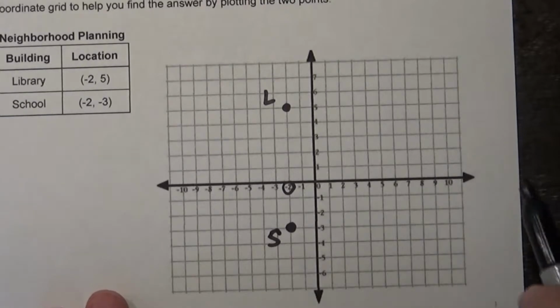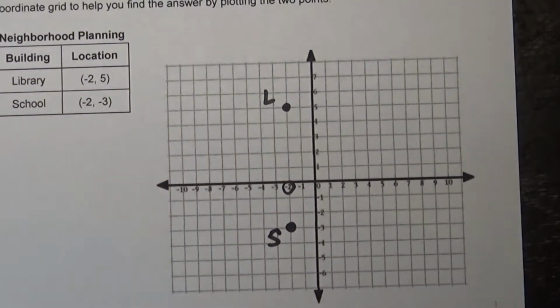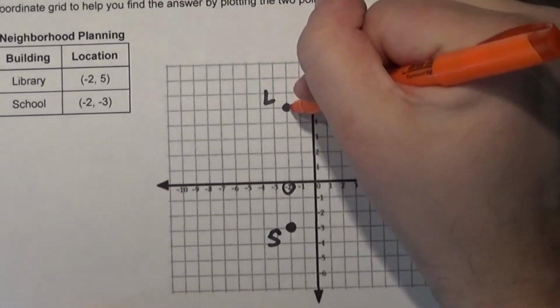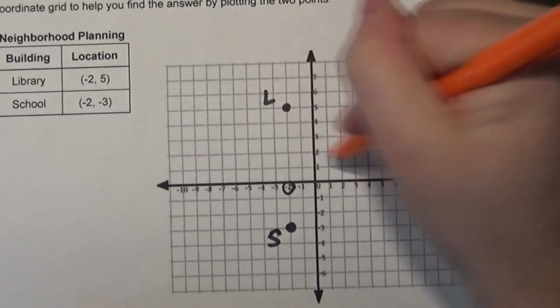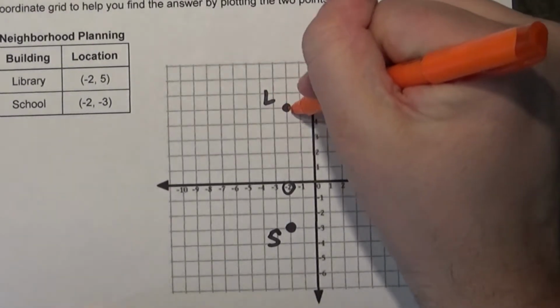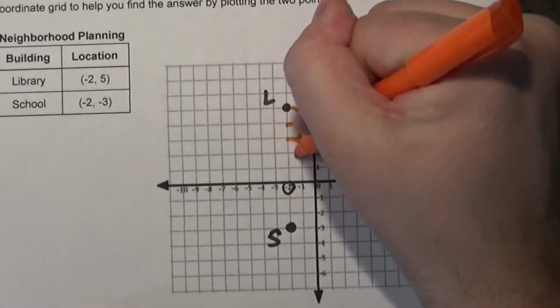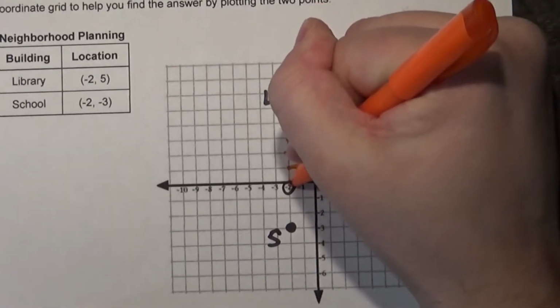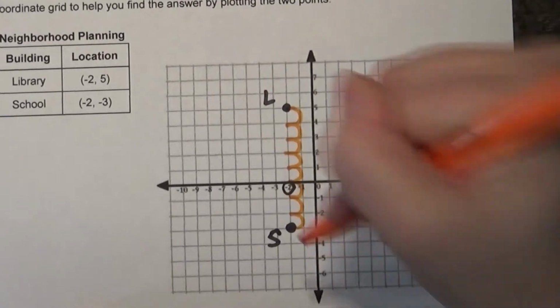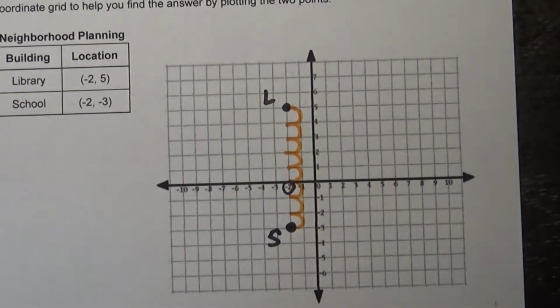But another way we could do this is actually by just counting my steps. I'm hopeful that my highlighter shows up in the video, but I'm going to start at my library and just count my steps. So from the library, I go 1, 2, 3, 4, 5, 6, 7, 8. There are 8 spaces between the library and the school.